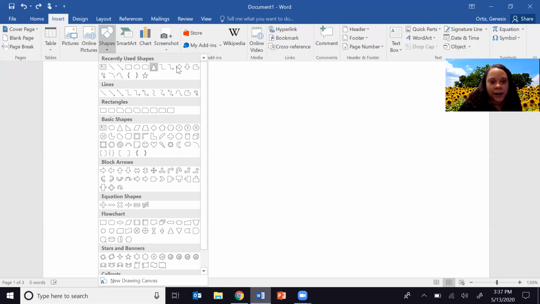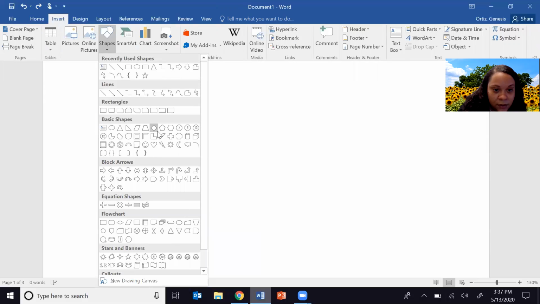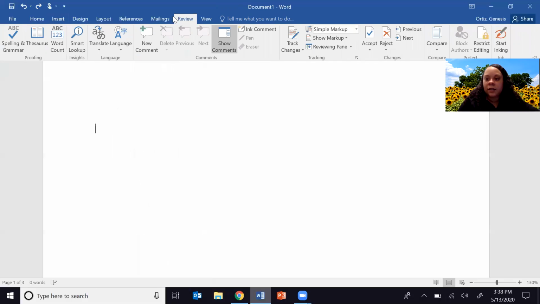I'll do it like this so you can see it more clearly. If there is a square as an option, that would be wonderful. Basic shapes. Looks like I'm going to have to draw it. So I apologize if my drawings are horrible.